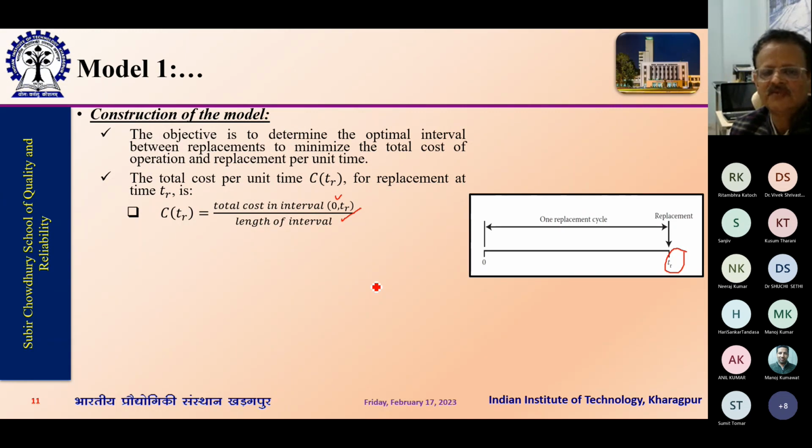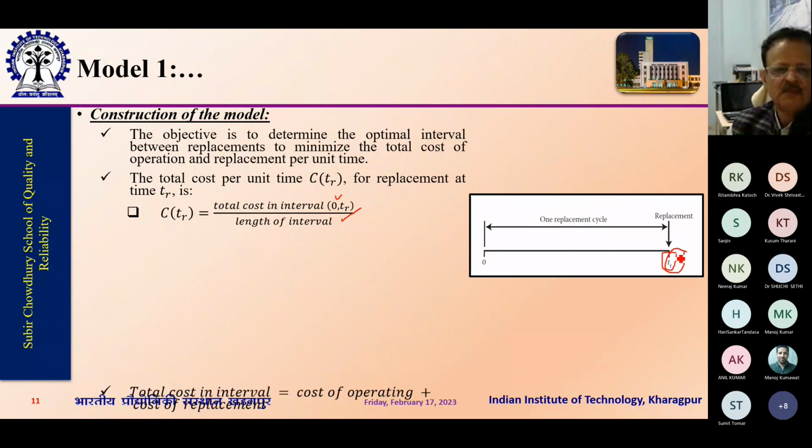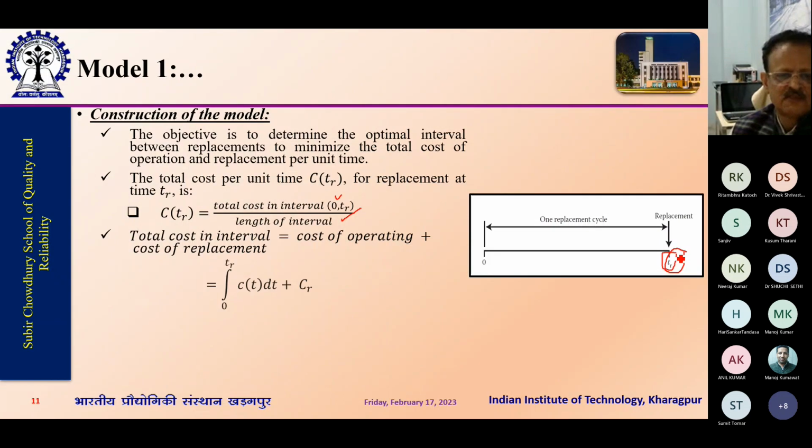So the total cost in the interval, as I stated, is the operating cost, which is time varying, plus the replacement cost, which on average we are taking right now as a net cost, divided by the length of the interval. Of course, the cycle length is nothing but small t, which is to be optimized. This is the operating cost.